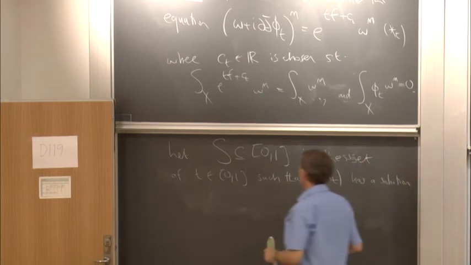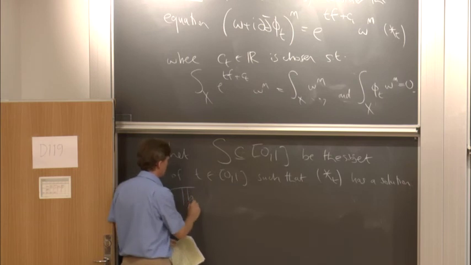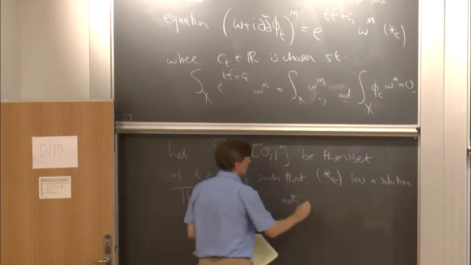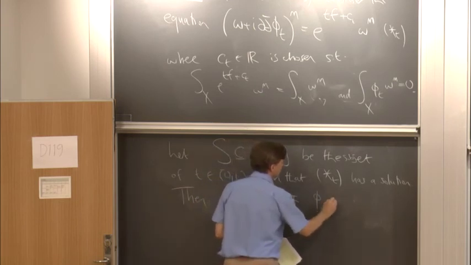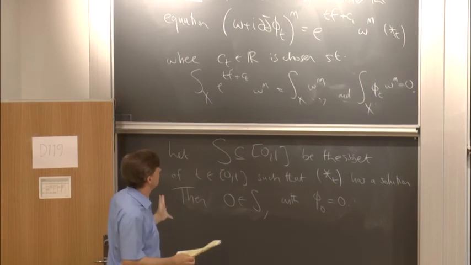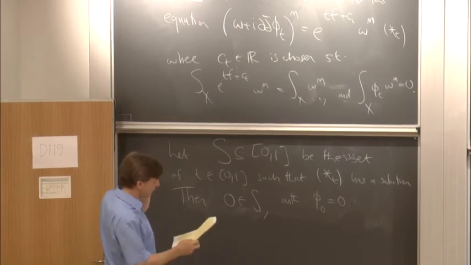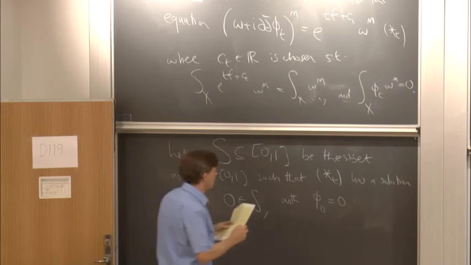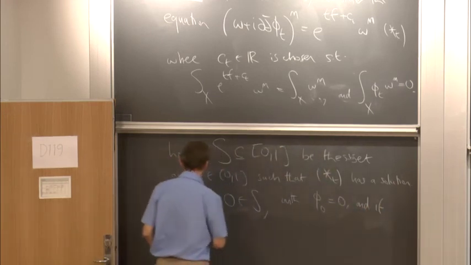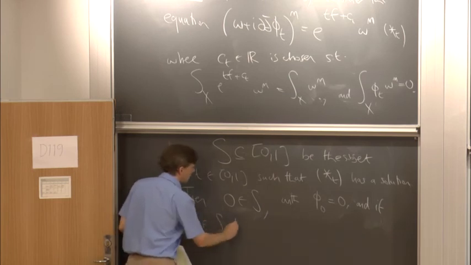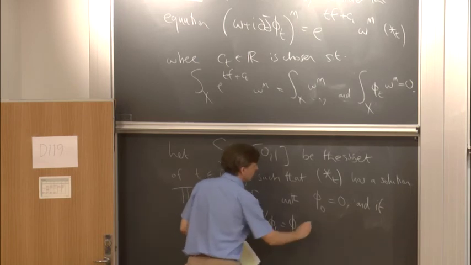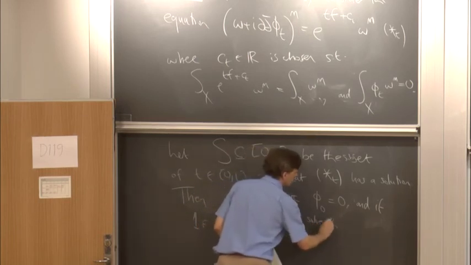Well, firstly, 0 lies in S with phi_0 equal to 0, because then you just get omega to the m equals omega to the m. And if 1 lies in S, then the solution phi_1, which is phi, solves the Calabi conjecture.